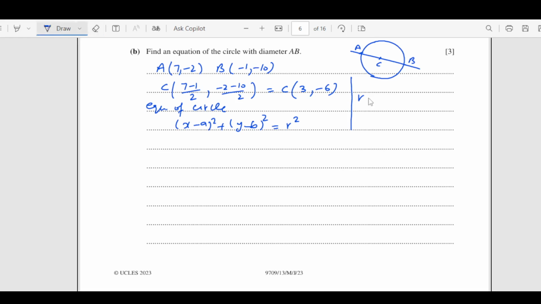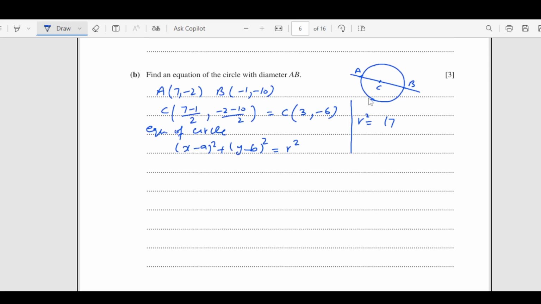r squared is going to be (x2 minus x1) squared plus (y2 minus y1) squared.